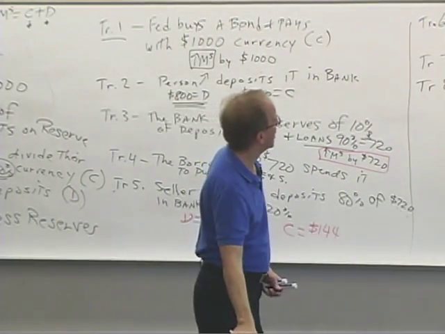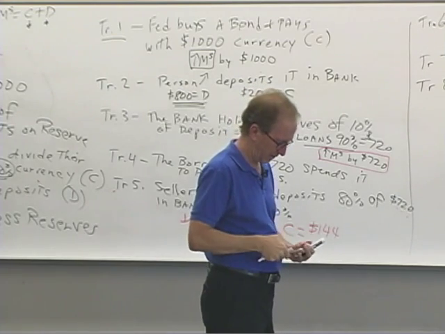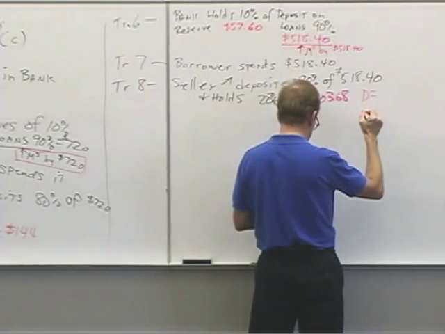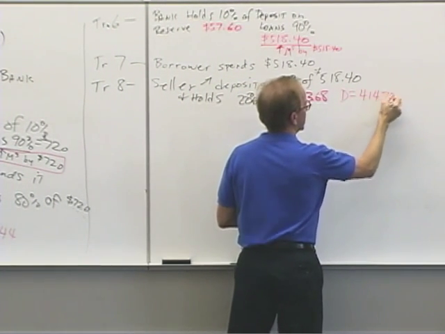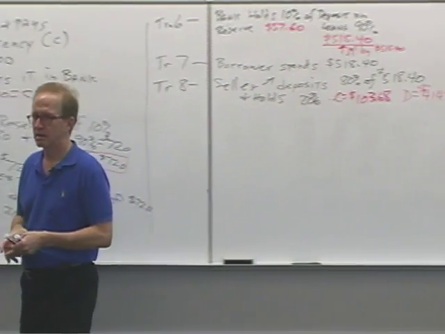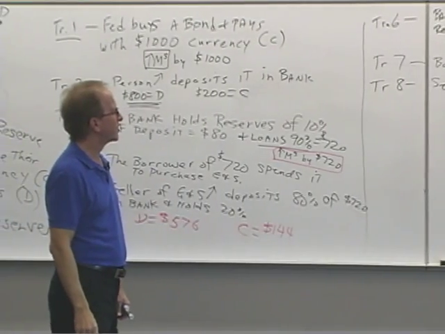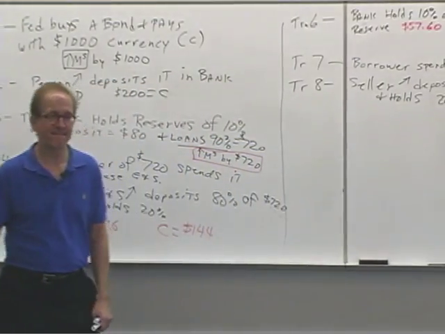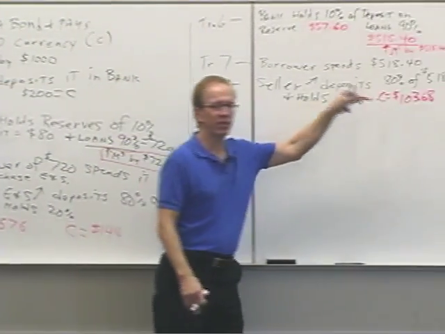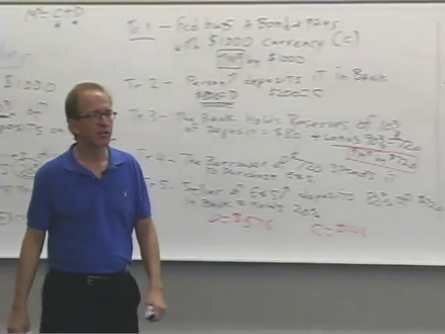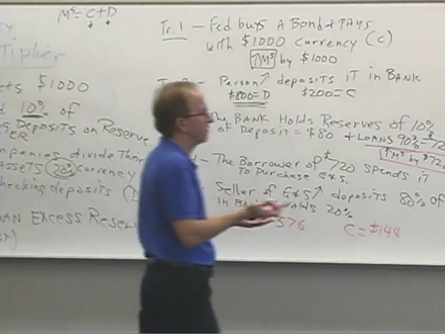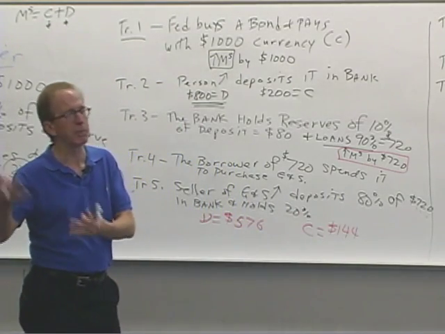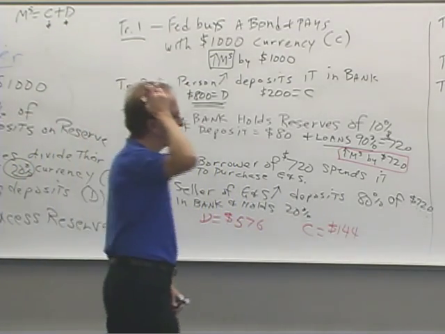And deposits, $414.72. Is this right? Looks right. That's the 80%. How much did this transaction affect the money supply? 0, right? You get some money in your hands, $518.40, and you hold on to some of it, and you put some in the bank, and what you put in the bank is money supply, just a different form of money supply, checking account money supply.